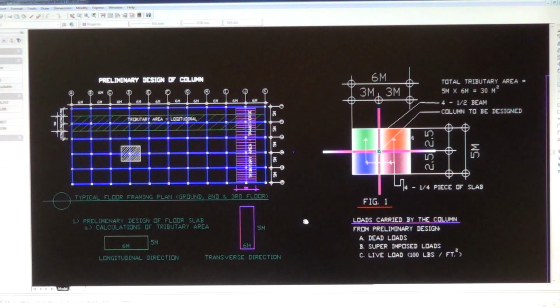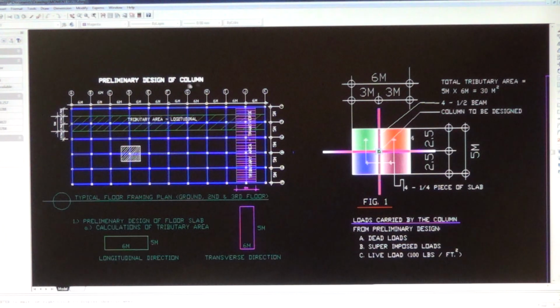You are much better off making a little drawing of the frame like this, and then locating your tributary area. Any of these structural members needs the tributary area so that you can calculate the load. Plugging in loads is not very good because you don't know where those loads are coming from. But with this one here, you know the source of the load. It's from the real building frame right there.